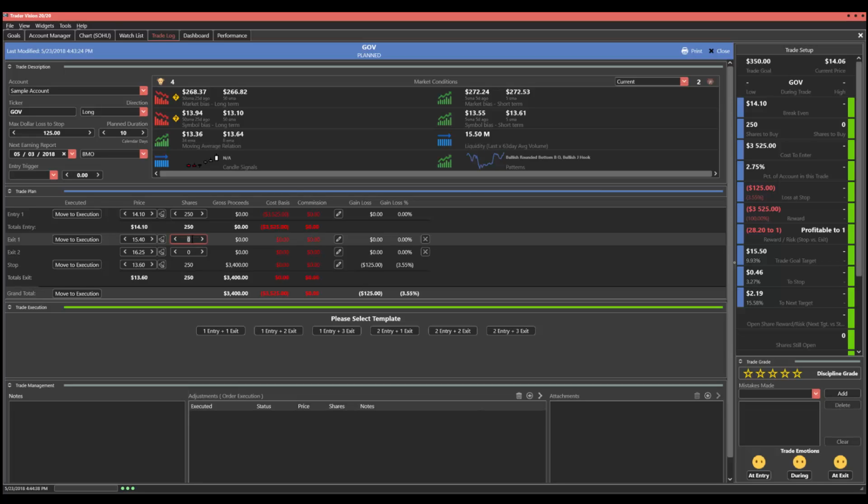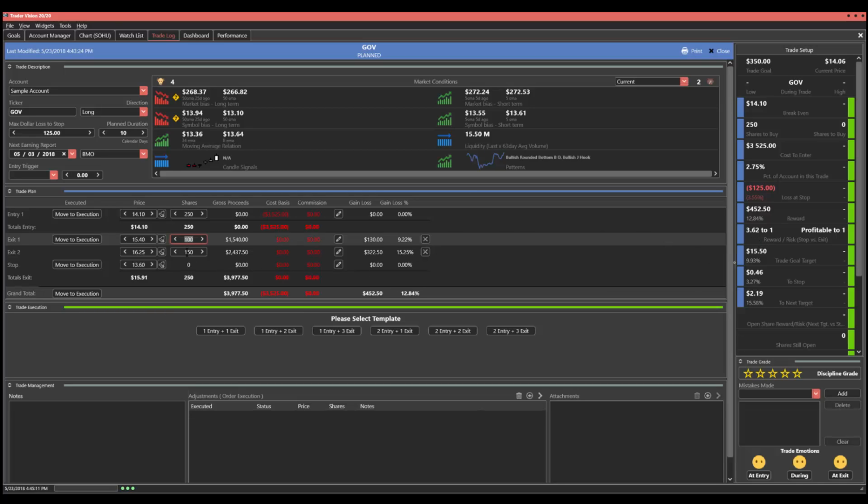If we sold 100 of it at this first target, it gives us 2.6 to 1, but only makes us 130 bucks. Excuse me, I need to get a drink. Okay, and if I sell the other 150 here, overall the trade would go to about 3.6.